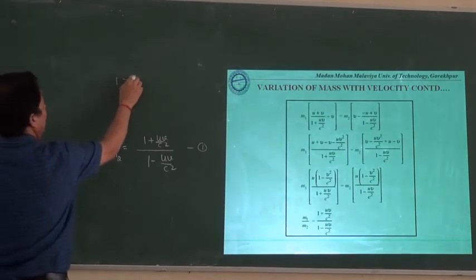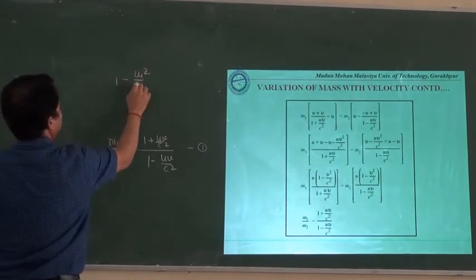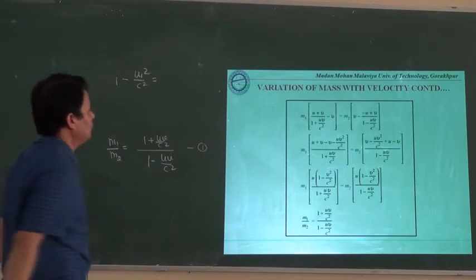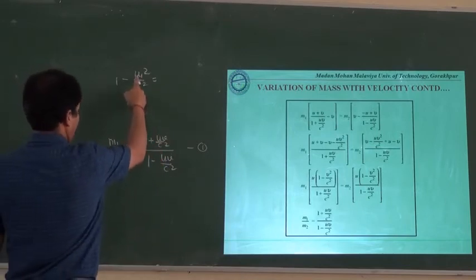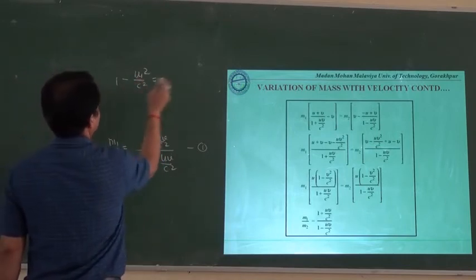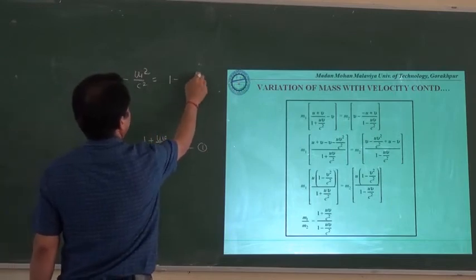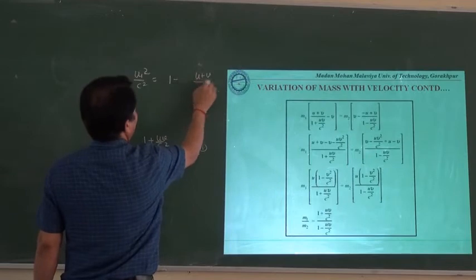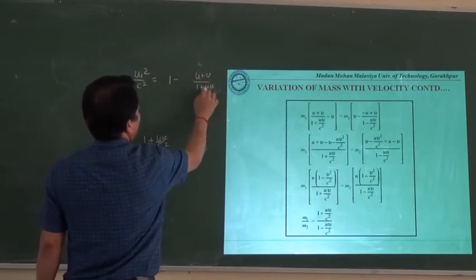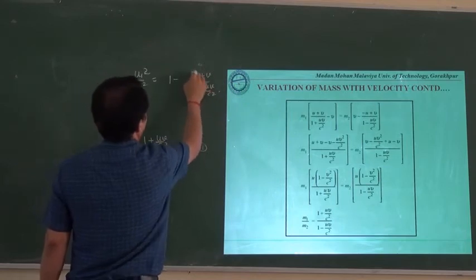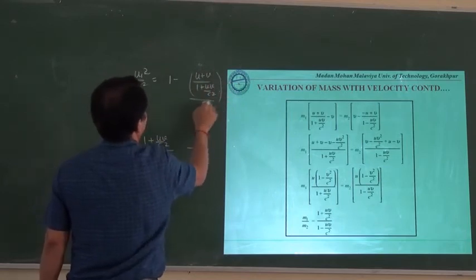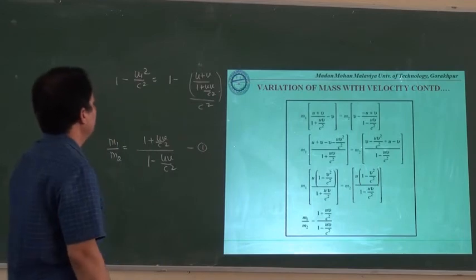1 minus u1 square upon c square. If we have to do this one, then we have to write the value of this u1. For that we will write 1 minus ((u plus v) upon (1 plus uv upon c square)) whole divided by c square.